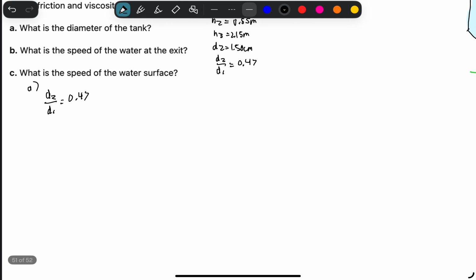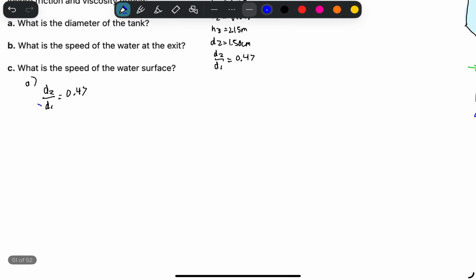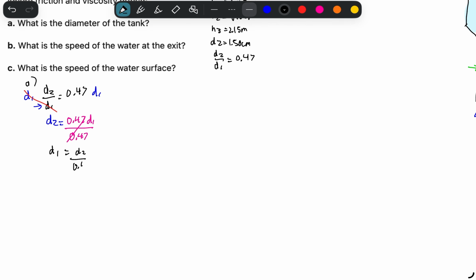If we have that, then we can solve for D1, because we can multiply both sides by D1. We can cancel that D1 out, and then we have D2 is equal to 0.47 D1. Then we can divide both sides by 0.47. So D1 is equal to D2 over 0.47.